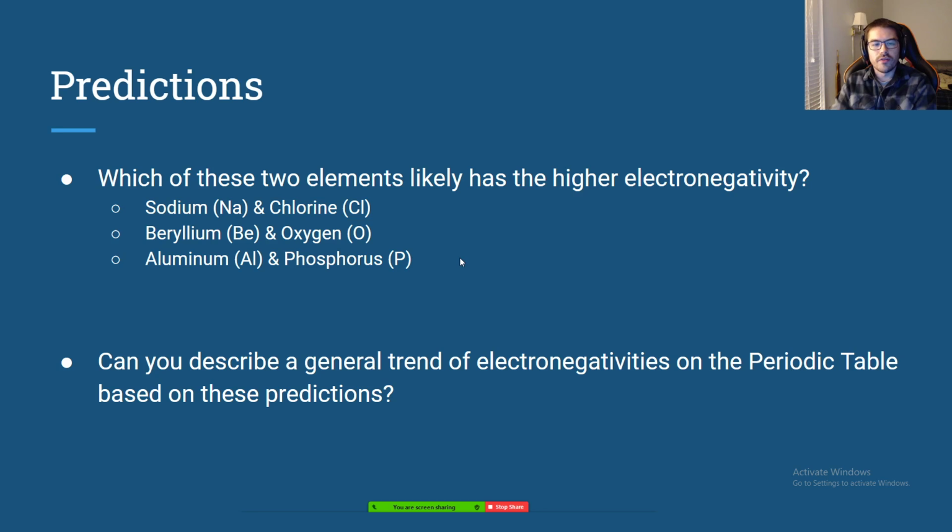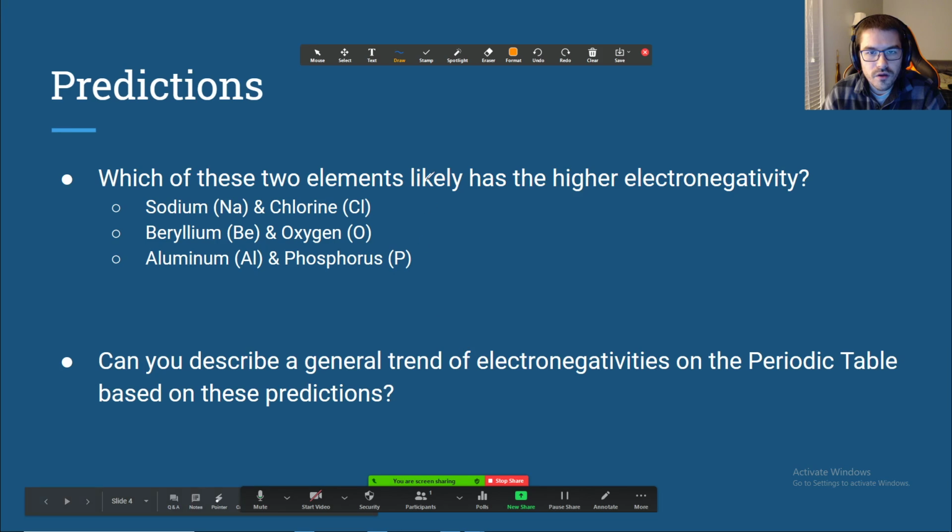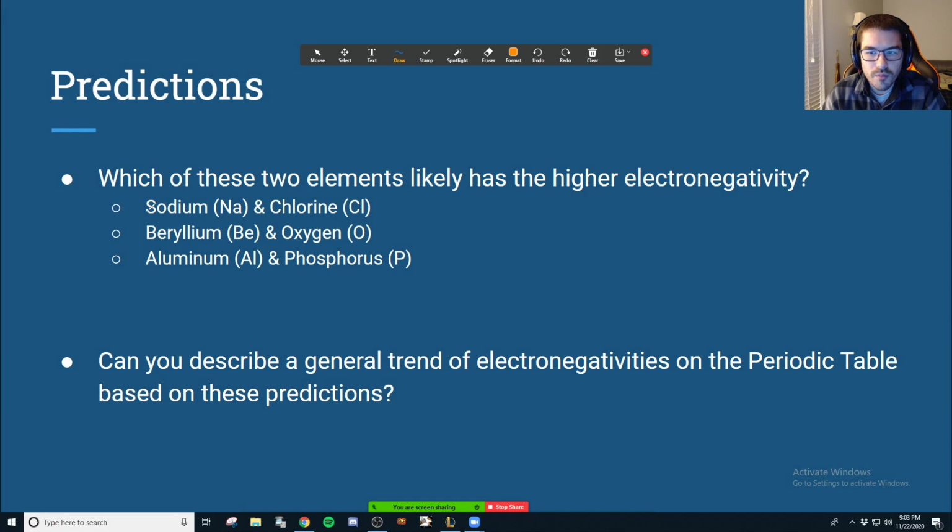To uncover what the secret is here, we're going to look at a couple of examples, okay? So we've got two elements here, sodium and chlorine. This is example number 1. The question is, which of these two elements likely has the higher electronegativity? Remember that high electronegativity means good at pulling on electrons. Low electronegativity means bad at pulling on electrons, okay?